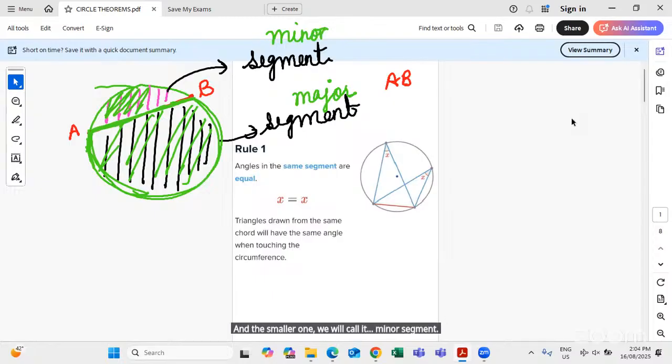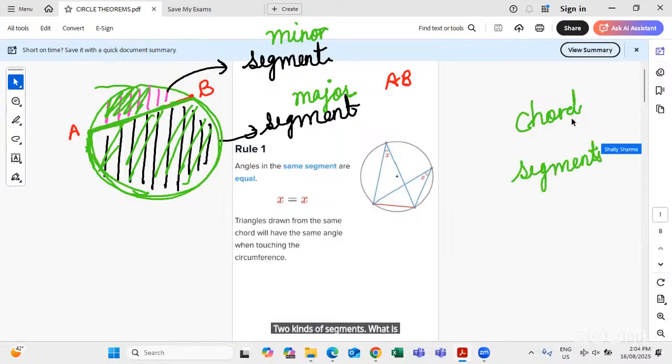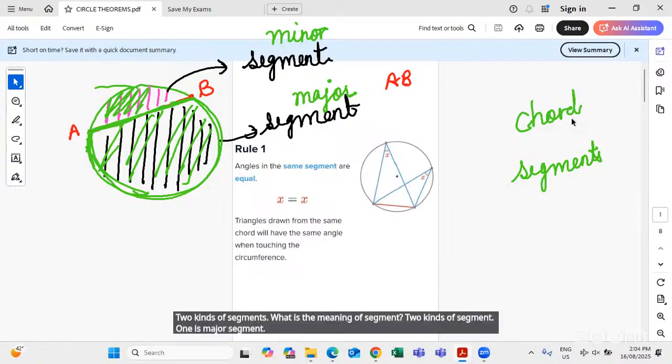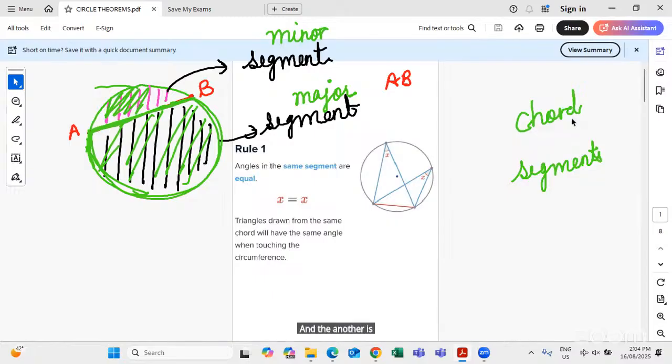So we described what a chord is, and then we described two kinds of segments. What is the meaning of segment? Two kinds of segment: one is the major segment and the other is the minor segment. Now, the third point. Let's say I am taking some points.